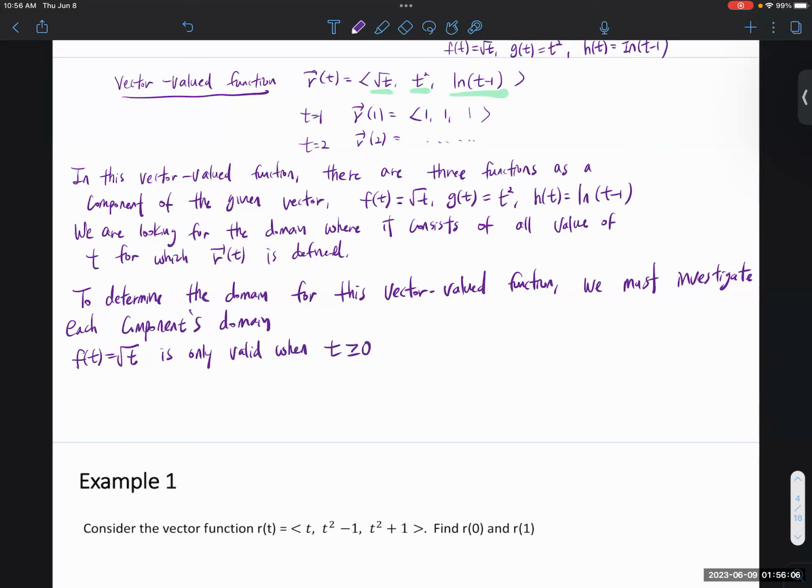So if you want to find out where R vector is heading as t is approaching a certain number, simply you take the same limit of each of f, g, and h of t. So this is the limit of a vector valued function.